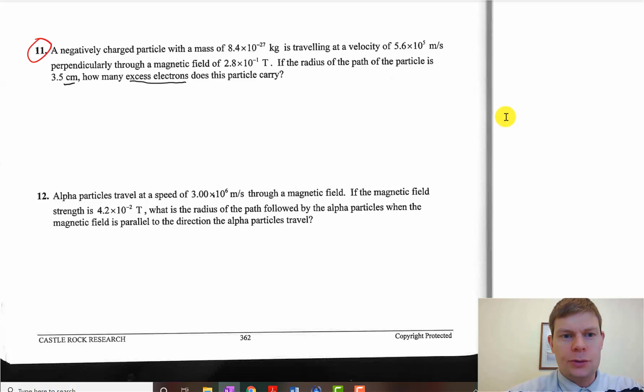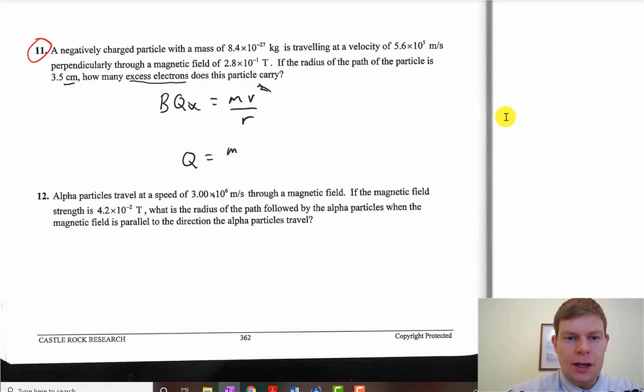So F net cos equals F net circle. Our cos is BQV. We'll use mv squared over r because we have our velocity. It's usually that one. Cancel out one of our v's, and we want to solve for q. So our charge is equal to mv over Br. Then we solve for that, being careful to convert the radius to meters.